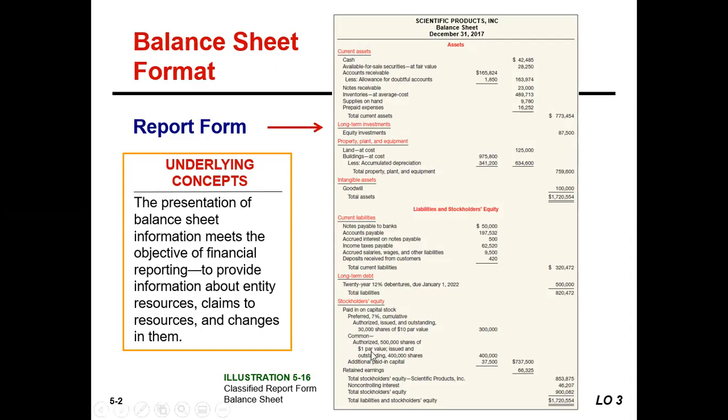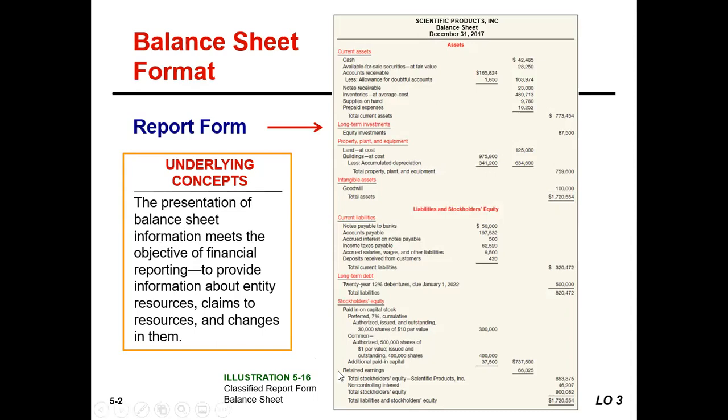And same thing with this common stock. So we see $1 par value here, but we would probably sell this stock for maybe $10 per share. So the $1 par value per share versus what we sell it for, for example, $10 per share, that $9 difference would be additional paid in capital.